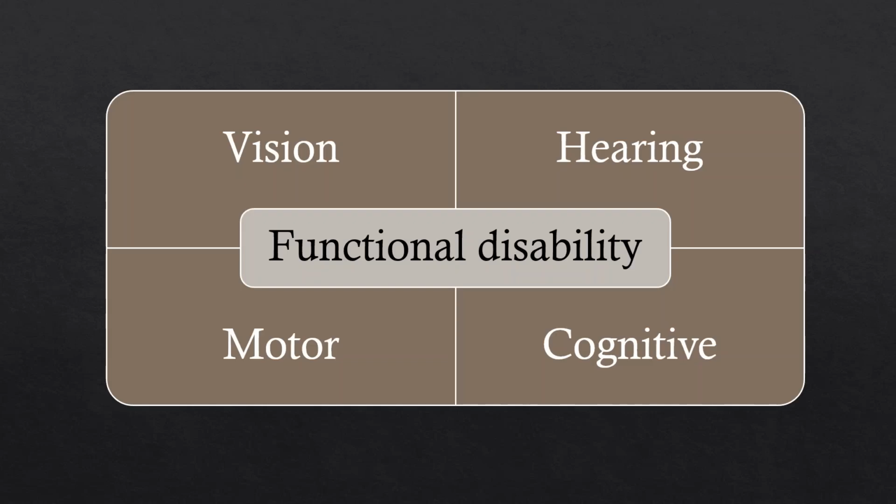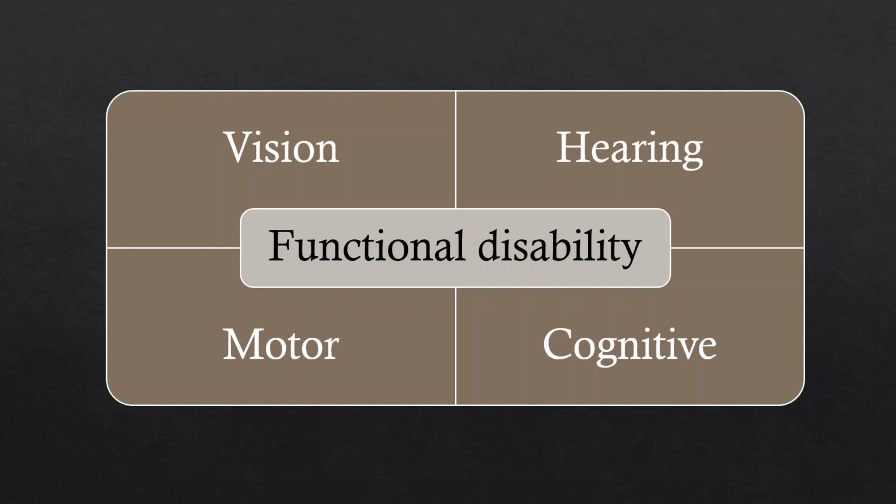In actual fact, there's a huge number of disabilities, and it can be overwhelming when we're trying to consider how we can cater for all these disabilities. So we break it down using the functional disability model, which really focuses on the impact that those disabilities have on people. There might be many disabilities that affect vision, motor, hearing, or cognitive and comprehension.